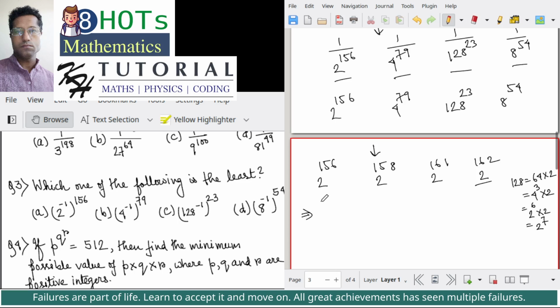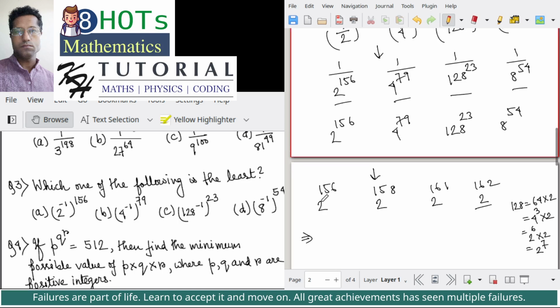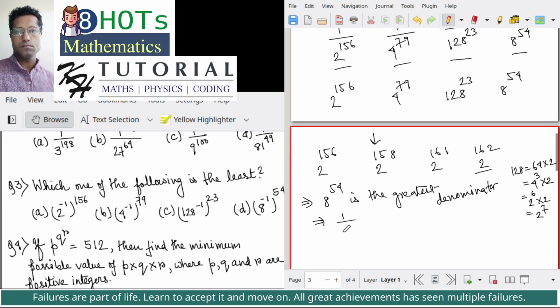So this implies that 8 to the power 54 is the greatest denominator, and this will imply that 1 by 8 to the power 54 is the least number among the given choices. So the correct choice is D. D is the correct choice.